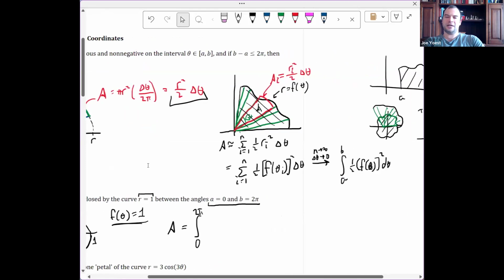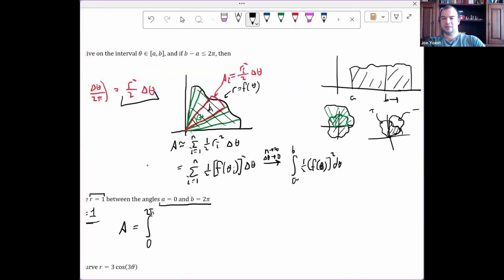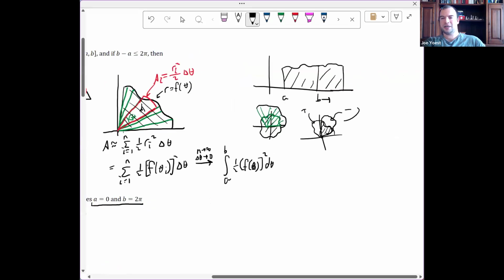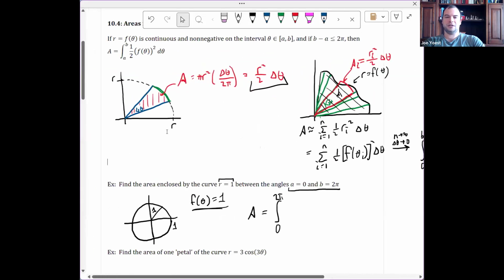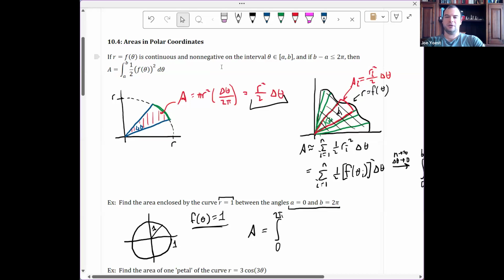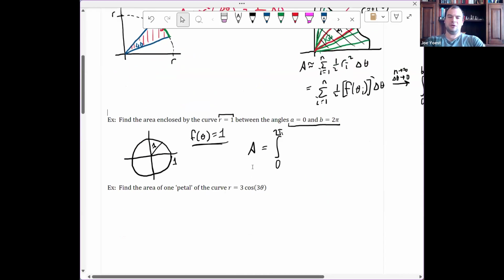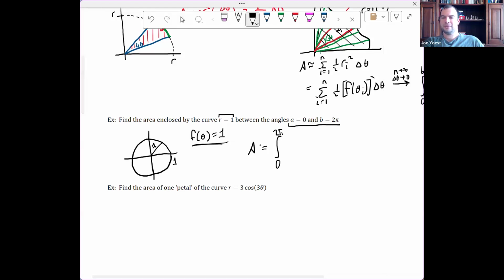I also see that I am taking f of theta squared, so I naturally lose my sign information. So just practically, that's why we want to check these conditions, and we do see that we have no problem with those here. r is non-negative everywhere, f of theta is non-negative everywhere, and we're going one time around, so we're good.